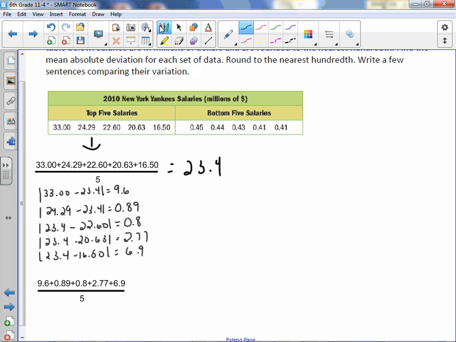And that equals 4.19. So the mean absolute deviation for the top 5 salaries is 4.19.